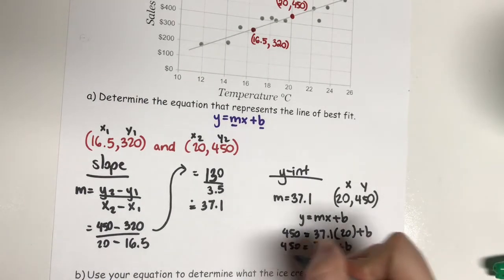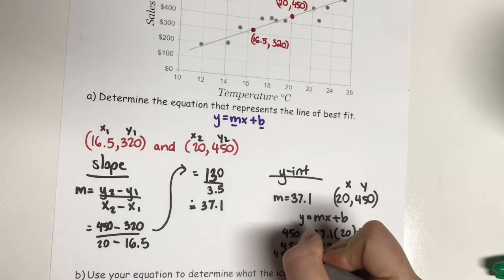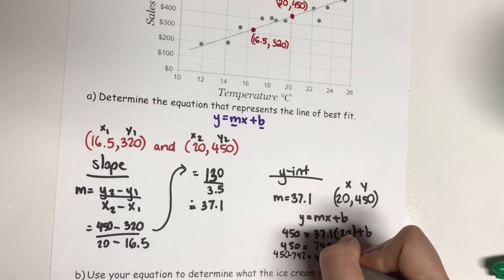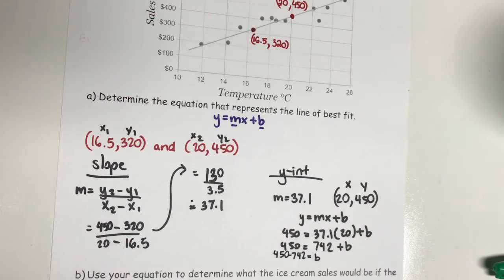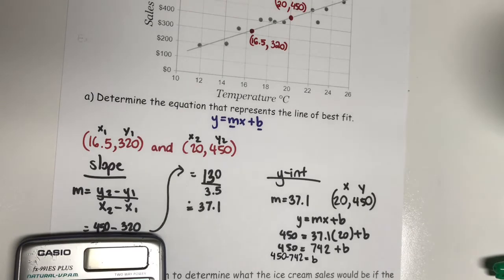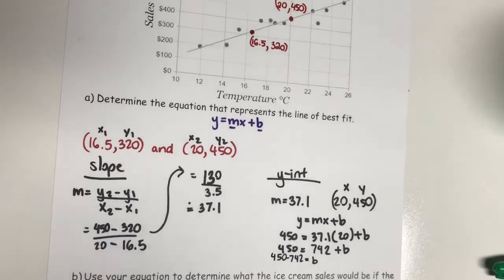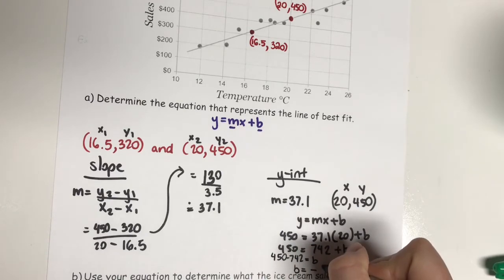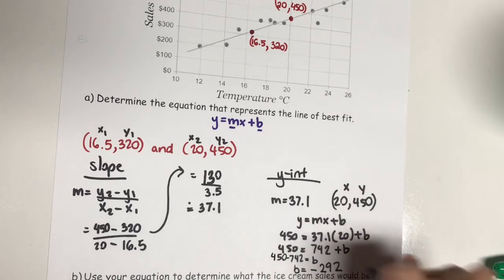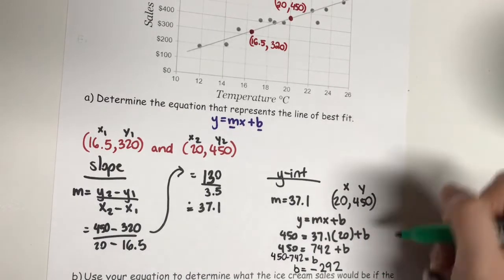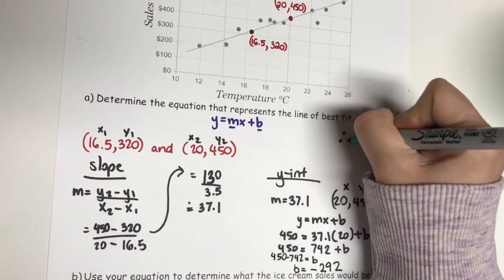Okay, then I'm going to bring this over to the other side. Just going to squeeze in. Becomes negative. And I put that into the calculator. So 450 minus 742 gives me negative 292. Okay, so that means, I should write it down here, but I just don't have enough space, so I'm going to put it up here.